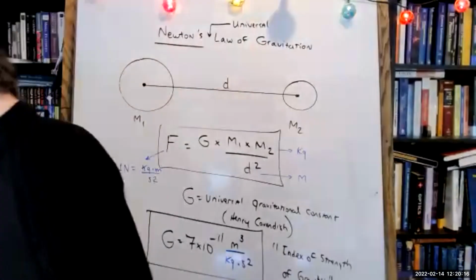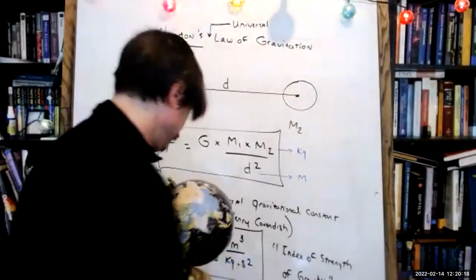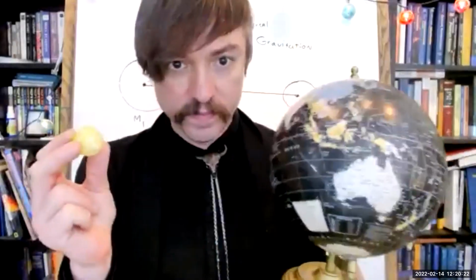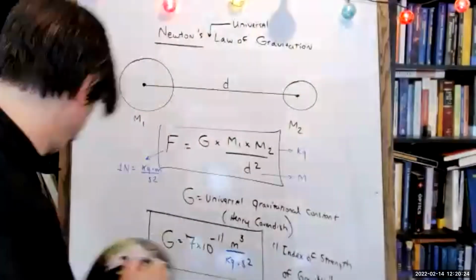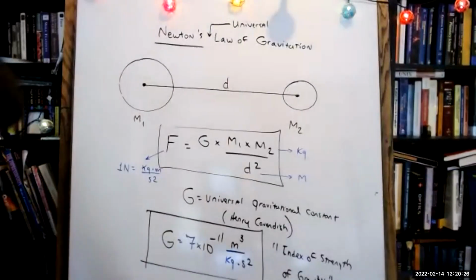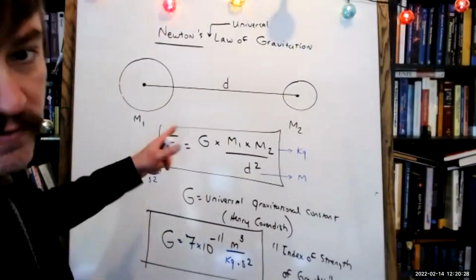Anyways, why don't we try a simple calculation together? We all know, of course, that there's a force of gravity between Earth and the moon, right? Let's calculate it. I'm going to erase this stuff.